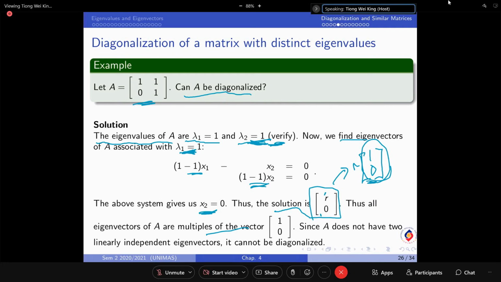Since A does not have 2 linearly independent eigenvectors, it cannot be diagonalized. So if you have 2 eigenvalues, you must have 2 linearly independent eigenvectors in order to be diagonalized. Otherwise, it is not diagonalizable.